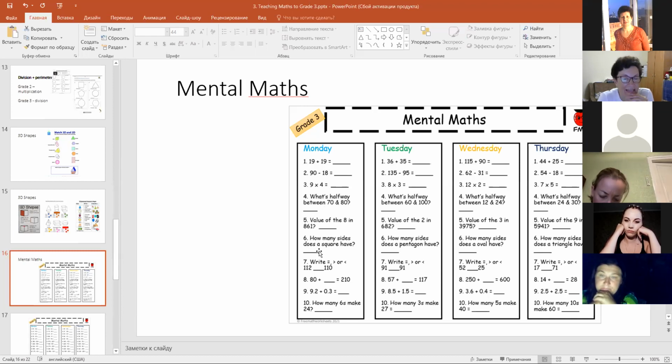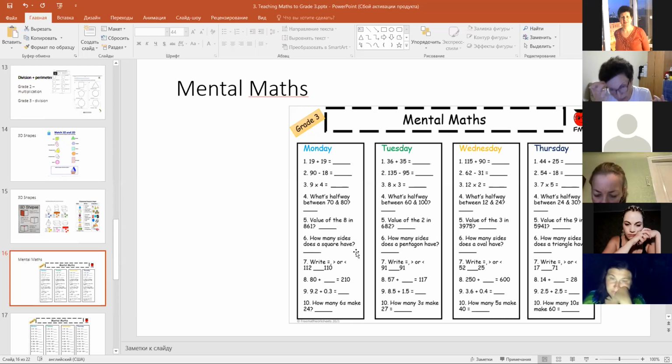How many sides does a square have? Which I just mentioned. We have the shapes, and now they just give us the number of sides, and this number of sides will be useful then for division and for multiplication. Then write equals, more, or less.